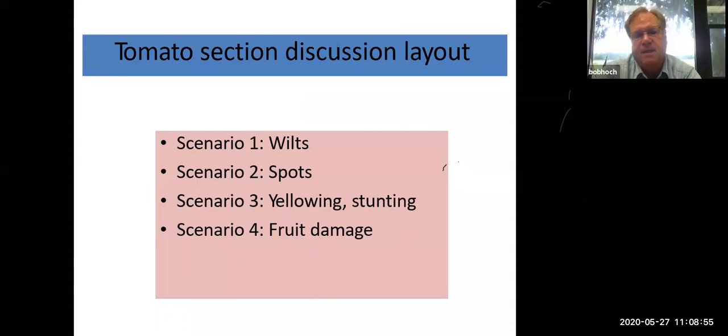So as I mentioned, I'm going to focus on tomatoes, and the way that we've got this set up is that there's a number of categories here that I have sort of identified. The first group is going to be those that are soil-borne organisms that are creating wilting issues, then leaf spots, and then some other unusual yellowing or stunting, and also some of the damage that would actually occur on the fruit.